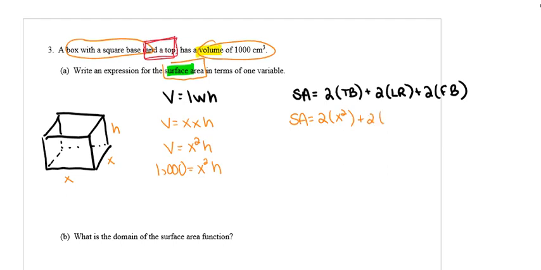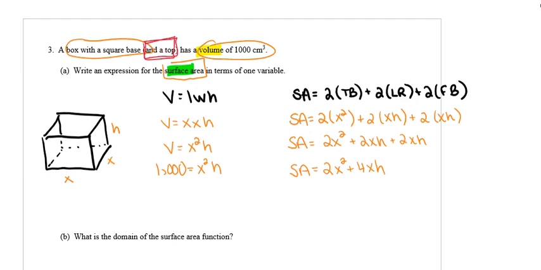The left and right are each xh. The front and back are each xh. So my surface area here, 2x squared plus 2xh plus 2xh, or in other words, 2x squared plus 4xh.